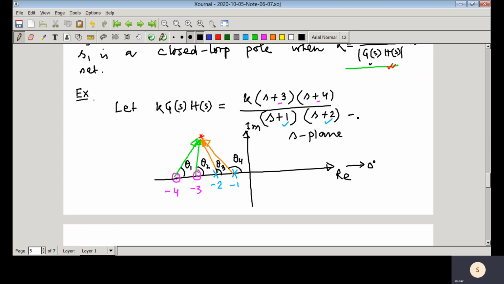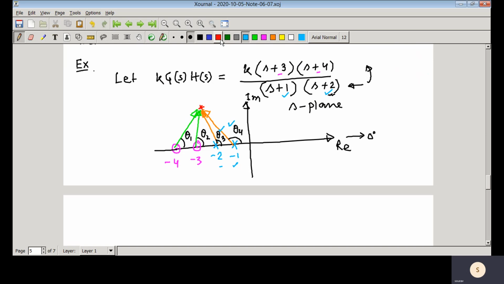Here the poles are in the denominator, so whenever we bring them into the numerator, the contribution due to the pole would be negative, because for a pole in the denominator, if we bring it into the numerator, the contribution of the pole is negative. So here you can see that theta 4 and theta 3 are the two angles contributed by these two poles.